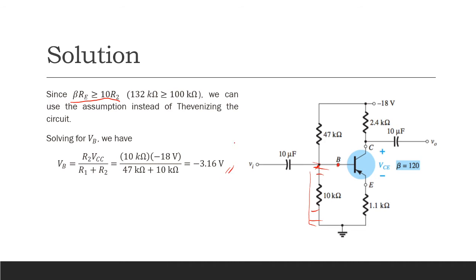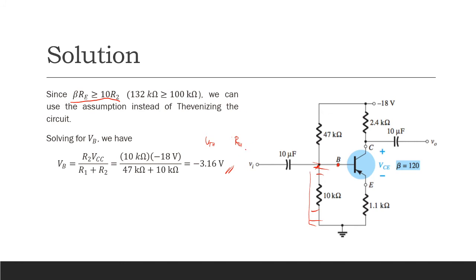So i-assume na natin that your voltage at this point is equal to this one. But in reality, hindi talaga. Kasi di ba, kung tutusin, this is your VTH, di ba? And kung yung VTH na yan, kakain pa ng voltage yung RTH natin, dun sa dati nating computation.